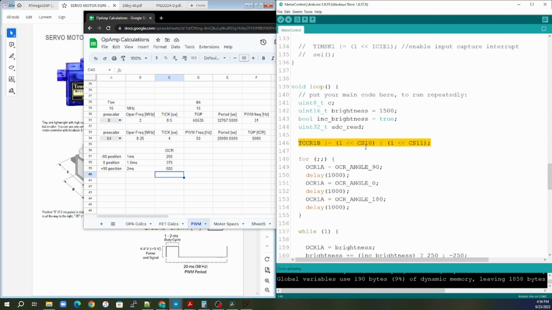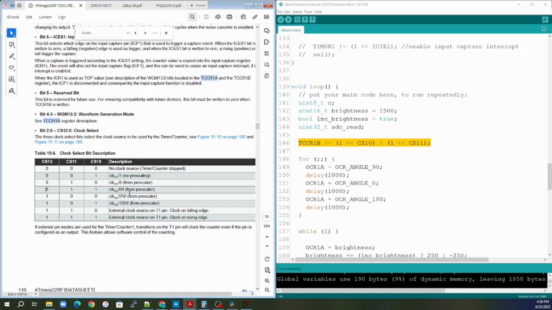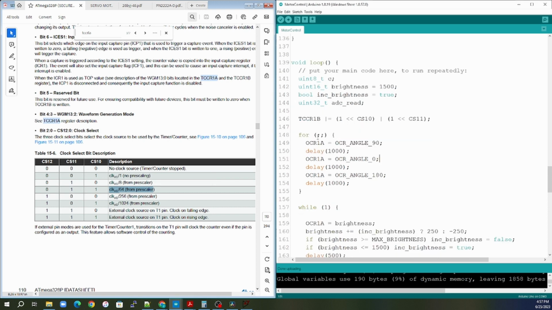I have set the CS10 and the CS11 bits because that gives us our prescaler of 64 that we were looking for. Then all I'm doing inside the code is setting the angle to 90, waiting a second, setting it to 0, waiting a second, and setting it to 180, and waiting a second. Then I'm just going to loop like that forever, moving the servo into different positions.